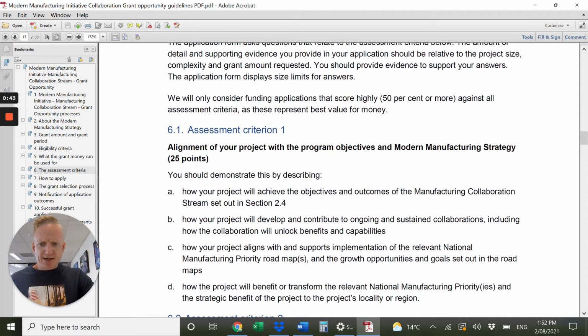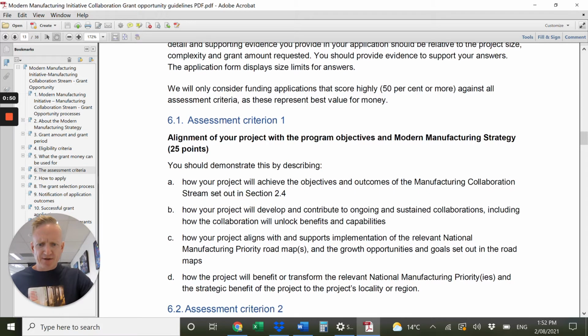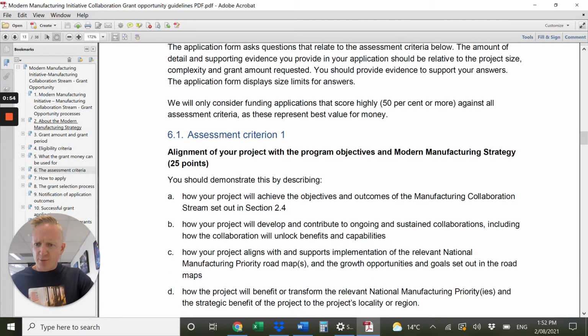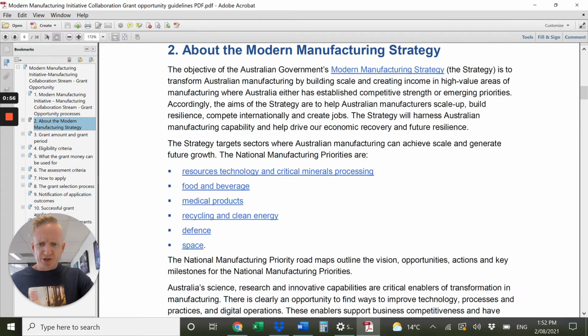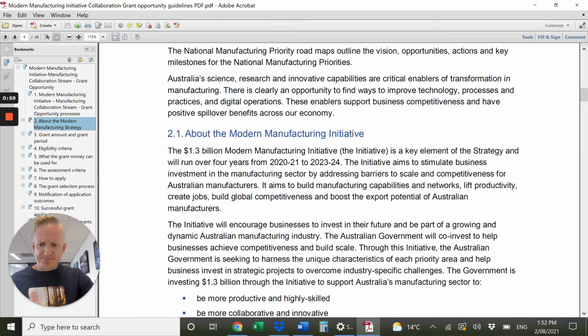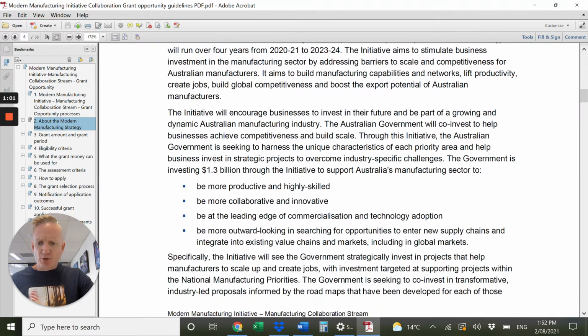So this section is about the program objectives. So you should demonstrate this by describing how your project will achieve the objectives and outcomes of this stream. So then I would jump back to section 2 and then scroll down. And these will probably be your headings of that section.